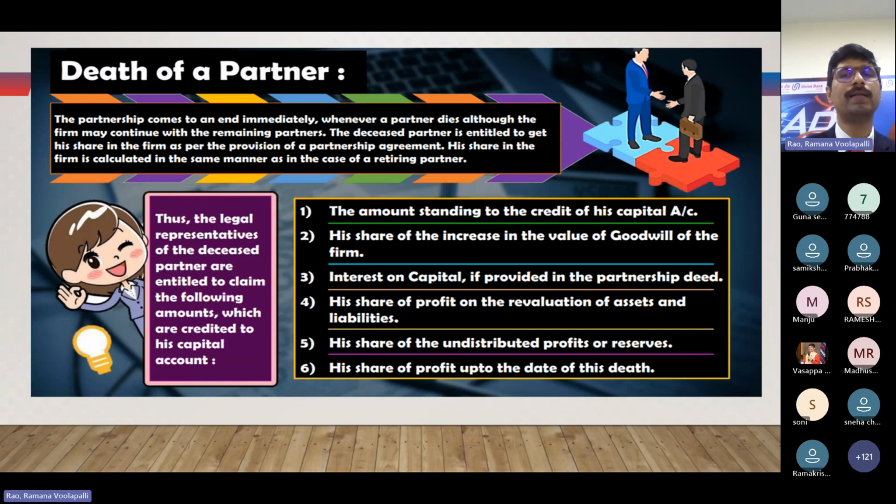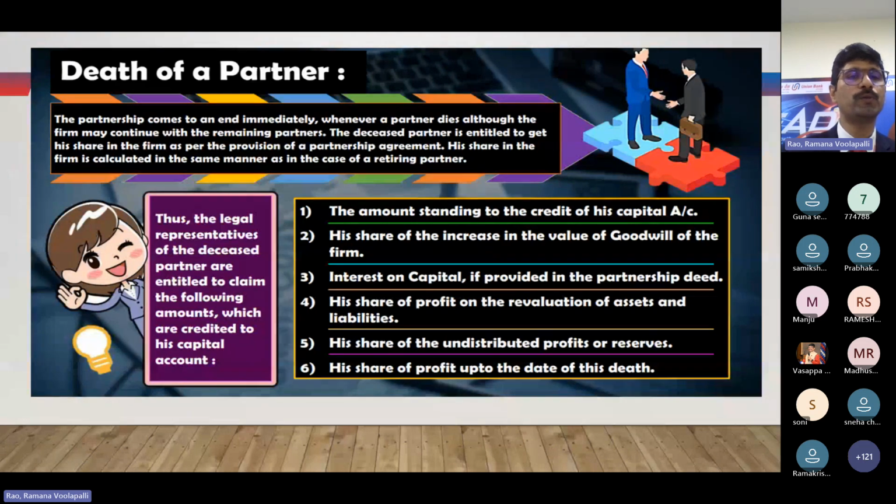The deceased partner is also entitled to get his share in the firm as per the provisions of the partnership agreement. His share in the firm is calculated in the same manner as in the case of a retiring partner. The same way the share has to be calculated, and it has to be given to the legal heirs.